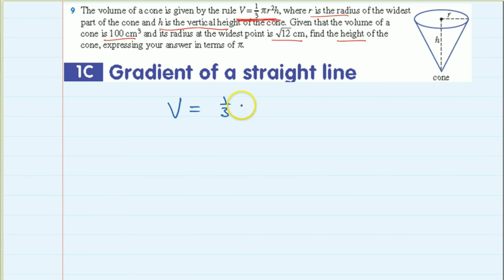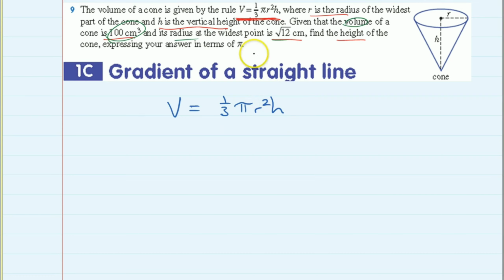V is equal to 1/3 pi r squared h. And the next thing we need to do is to substitute the values that we know. So we know that the volume here is 100, and we know that the radius is root 12, so the radius squared will be root 12 squared, and let's just chuck in the rest of 1/3 times pi times h.